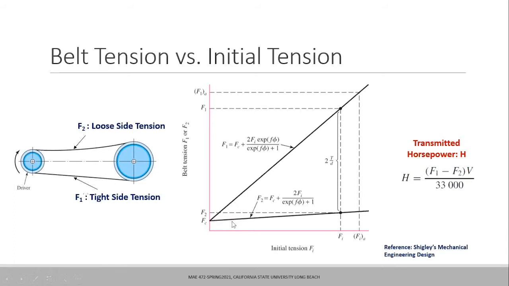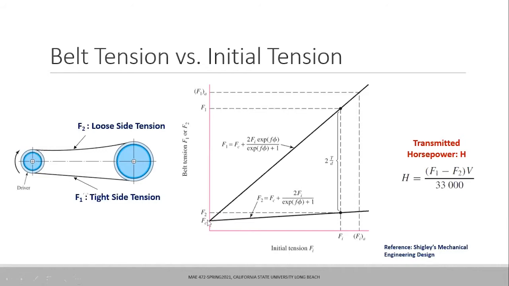The belt is just simply wrapped around the pulley and it is loose, so there is slippage happening. The pulley is continuously rotating, and because the belts are just loose, they cannot transmit the torque from this pulley to the next pulley. That means there is no initial tension, so the belt is slipping over the pulley.